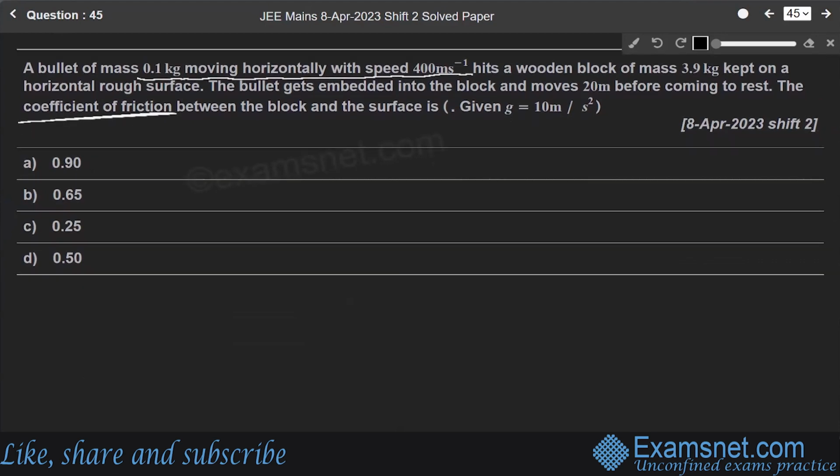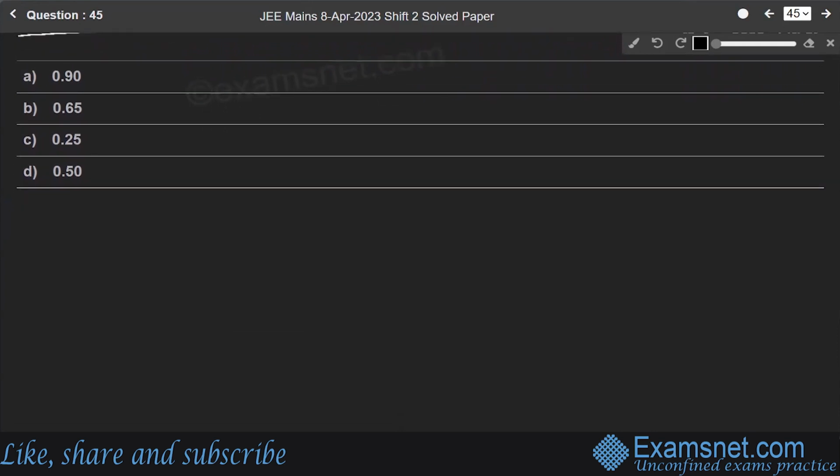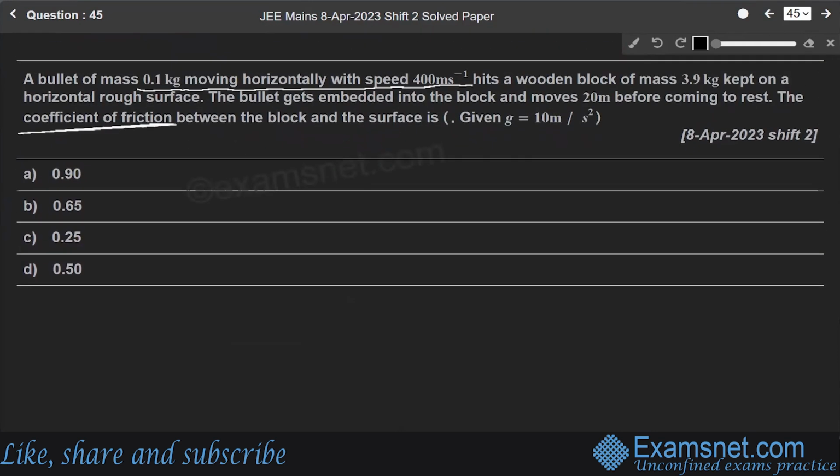Students, understand this question very carefully. There is a bullet whose mass is 0.1 kg, and it is coming with a speed of 400 meter per second.